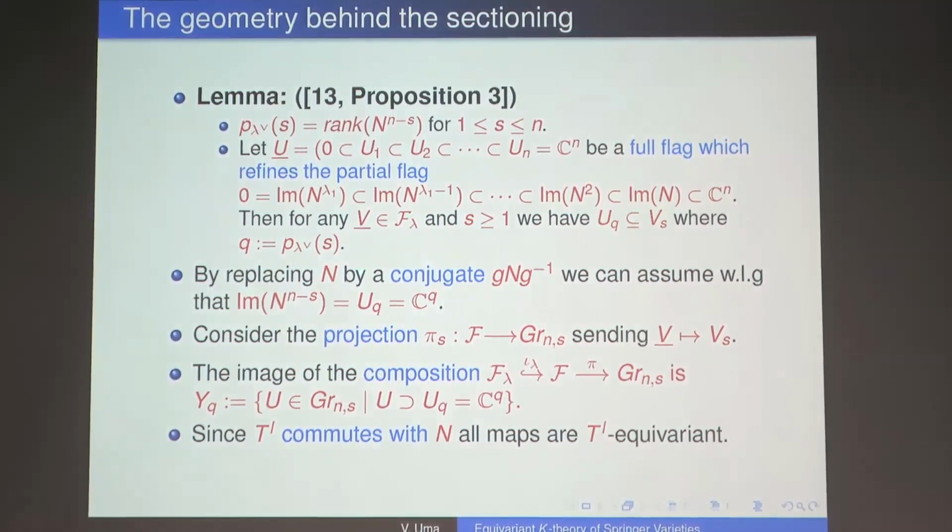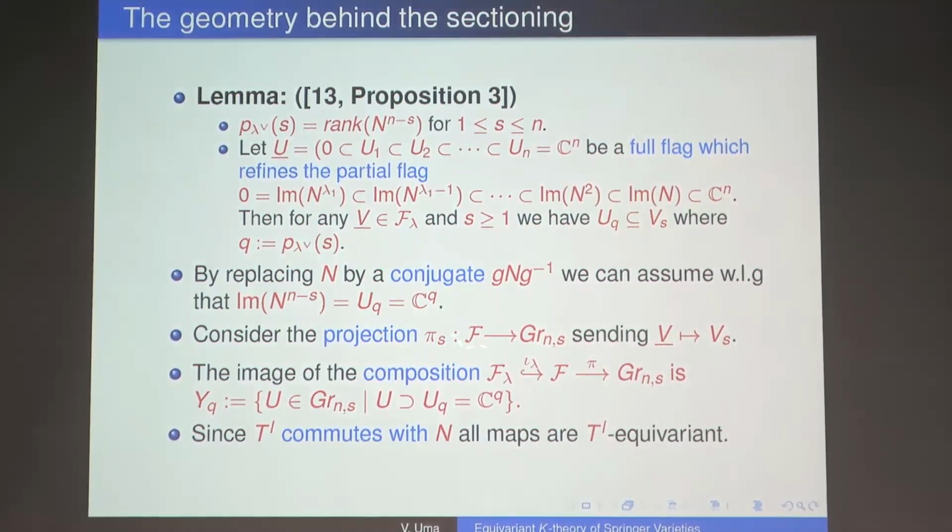That again comes from the definition of the Springer variety. So by changing N by some conjugate, we can assume that this U_q, the q-dimensional subspace of C^n, is the standard subspace C^q. So this q is again the same.